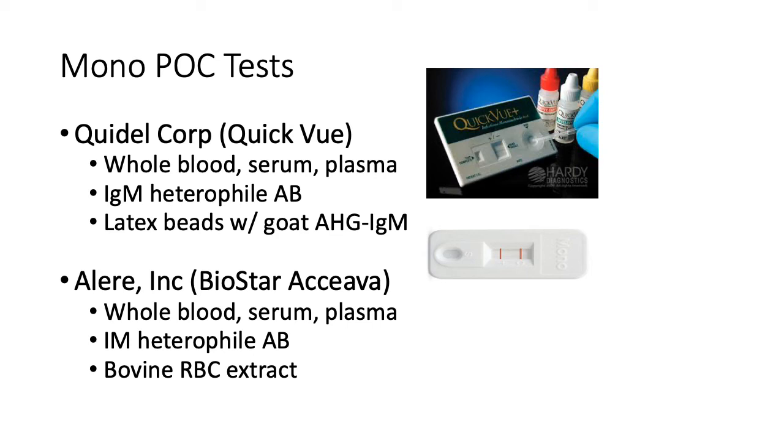For the test procedure, serum, plasma, or whole blood is added to the add well, followed by addition of the developer. As the sample developer fluid moves by capillary action across the first zone of the membrane, it immobilizes the antibody blue latex. The fluid continues to move with the antibody blue latex across the membrane to the immobilized bovine erythrocyte extract, which is the antigen zone.